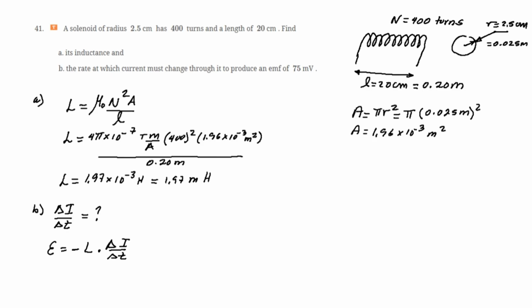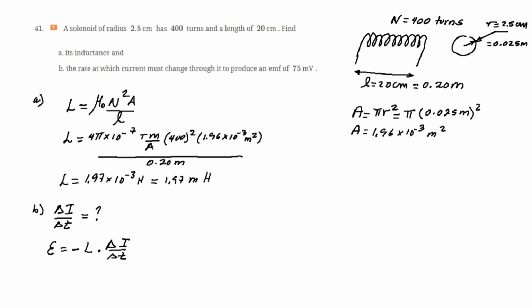Now, the negative sign, remember, represents that the induced current will oppose the change, right? So I can get rid of the negative sign, because at the end, what this negative sign is doing is representing that the current that we generate opposes the change.